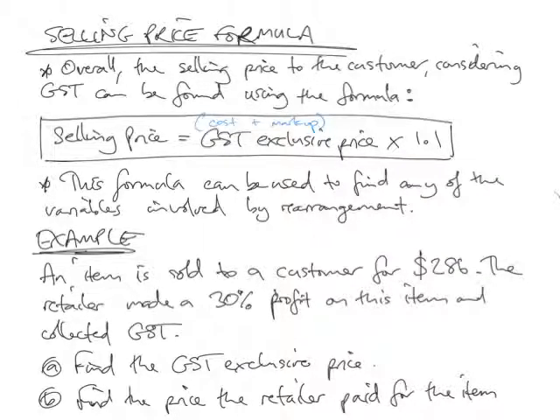This formula can be used to find any of the variables involved by rearrangement. So the questions could be finding the selling price, so use the formula as it is. You might be asked to work out what the cost of the item was in the first place, so use this formula by rearranging. Or you might be asked what the markup was, or what the GST exclusive price is. Using very simple algebra, you should be able to find any of those things by rearrangement.